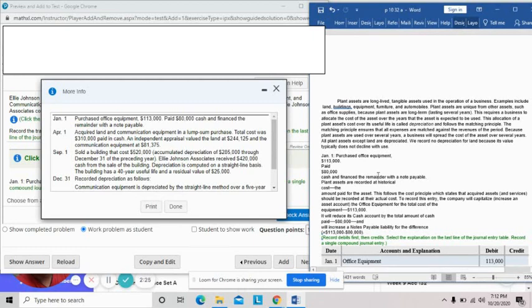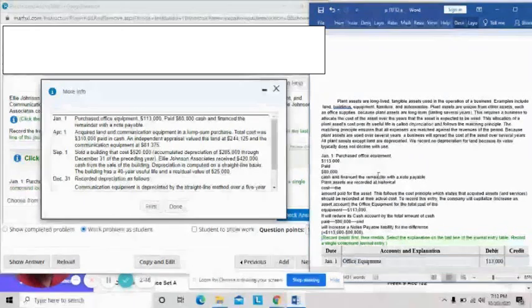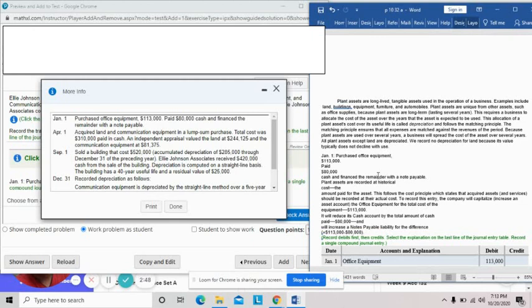To record this entry, the company will capitalize, which is an increase in an asset account, the office equipment for the total cost of the equipment of $113,000. It will reduce its cash account by the total amount of cash paid, $80,000, and will increase a notes payable liability for the difference. So basically, you take the difference of the cash paid and the cost of the office equipment, you subtract the two numbers to get the amount for the notes payable.